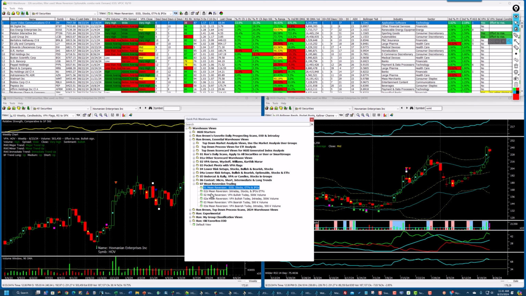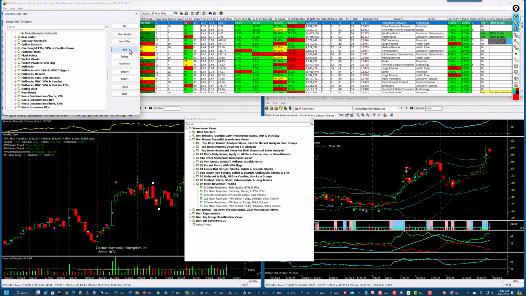I know what I was going to do. I was going to insert a couple more scans here, and then I decided there was really no need for them. So I had to go back and renumber these. Anyway, these scans go directly to optionable securities. That's part of the filter.